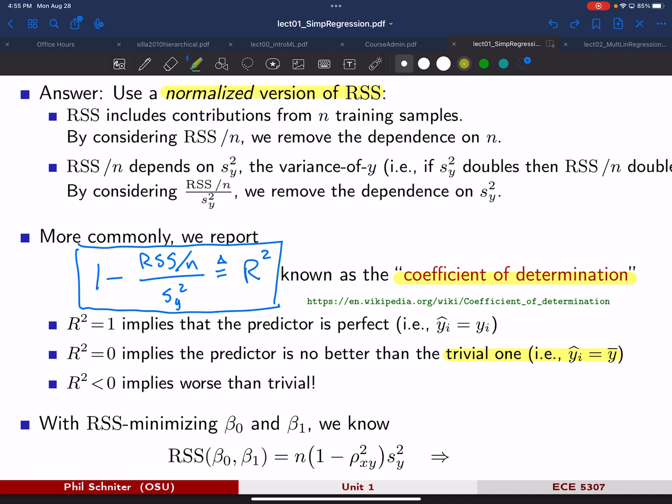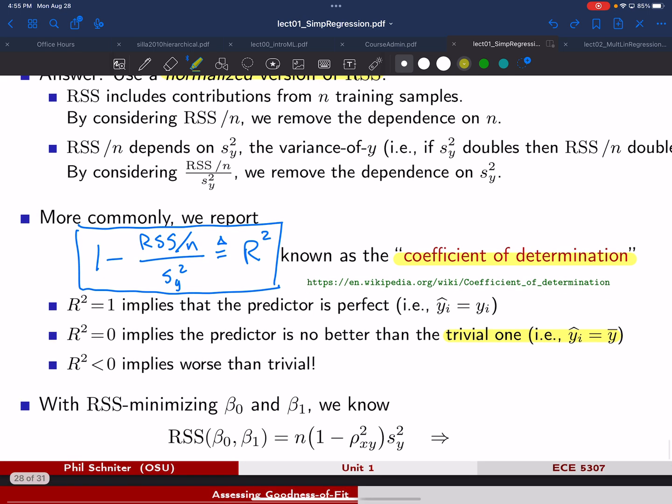But let's also think about the optimum RSS. We derived this expression. This is for a given data set. This is the smallest RSS can get. And we saw that this depends on rho xy and sy. But now let's figure out what that means about R squared. If we have this RSS, we're going to divide by n, divided by sy squared.